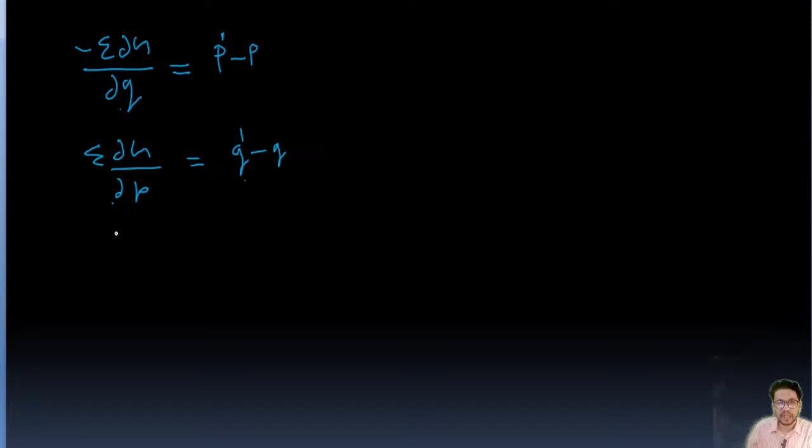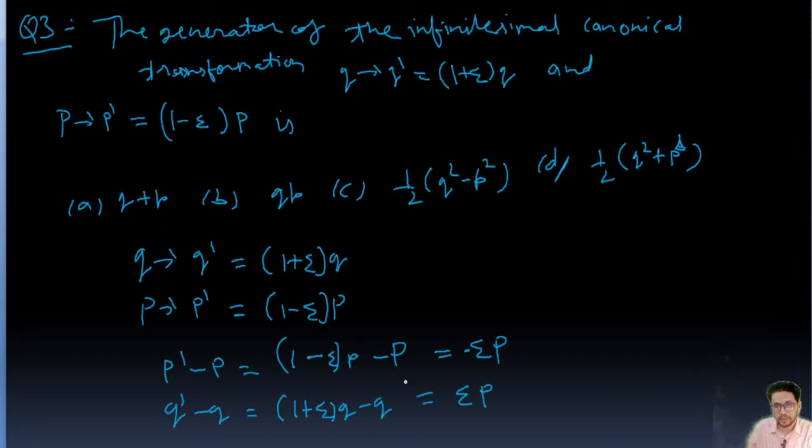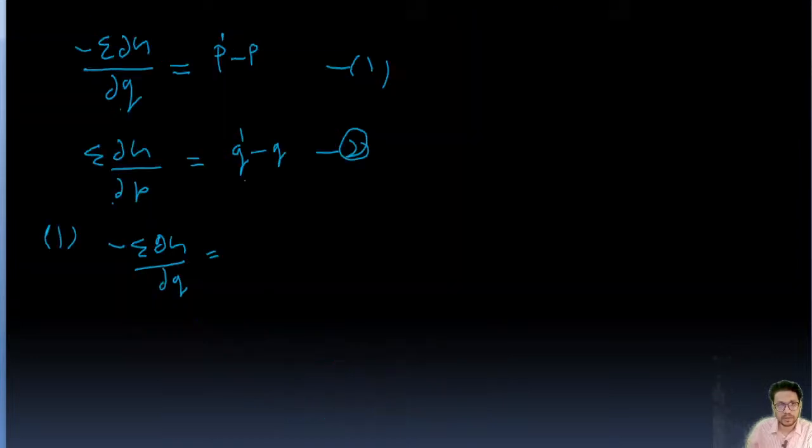So now we'll put the values. So this is minus epsilon dG upon dQ, which is going to be equal to P minus P dash. The value we have got, that is minus epsilon P. So minus minus will get cancelled, and epsilon will get cancelled, and so dG upon dQ is going to be P, right?